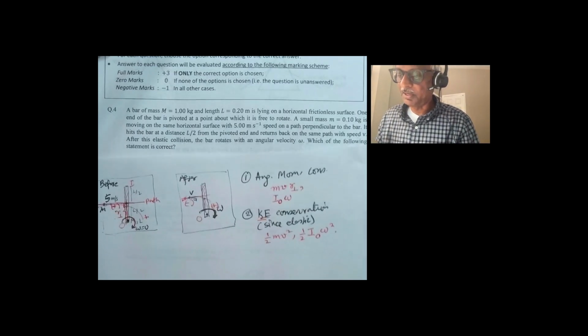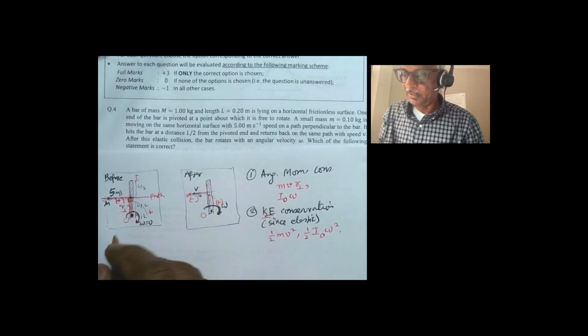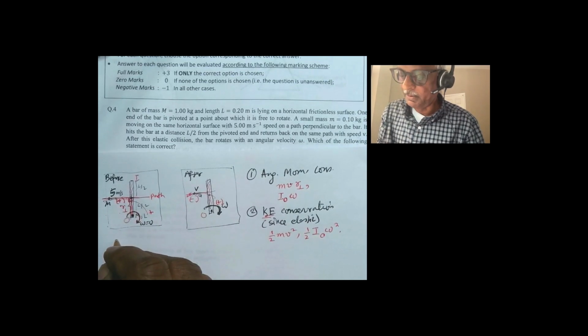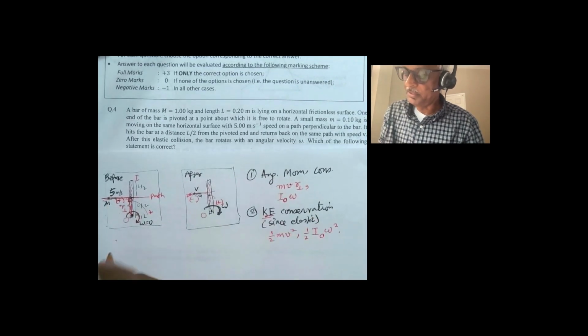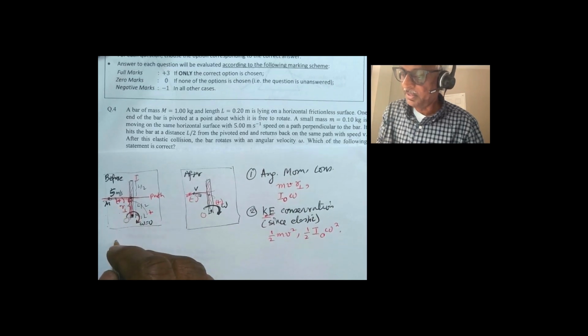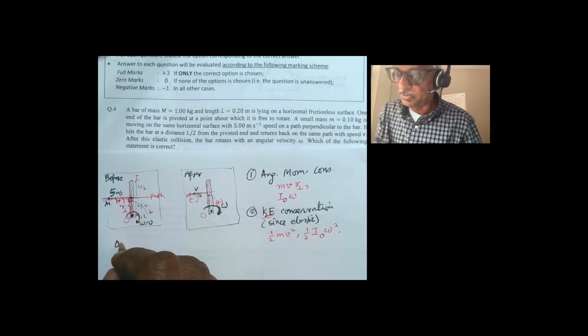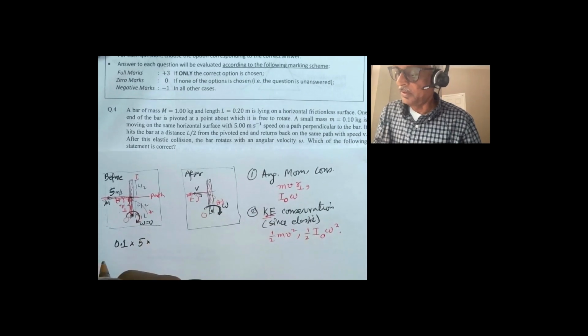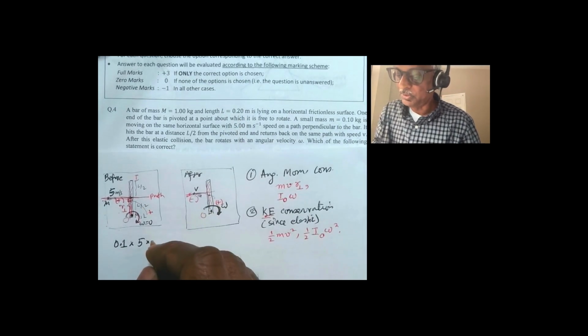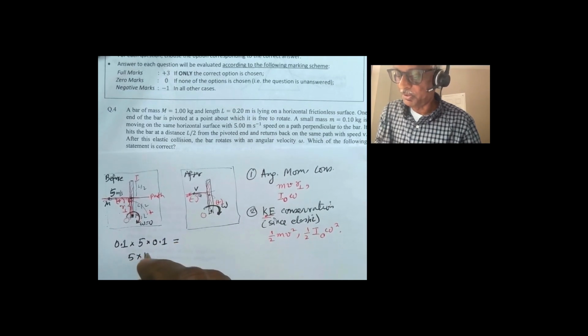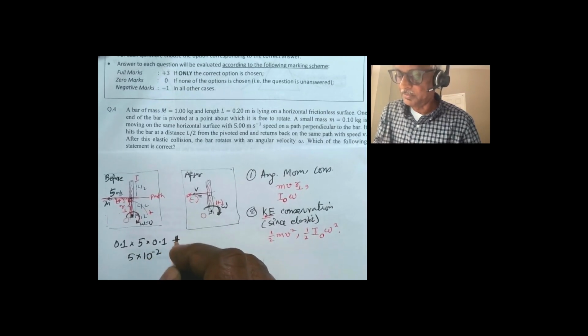So let's do the algebra out. For angular momentum, before the collision you just have m, which is 0.1 kilogram, V is 5, and L was 0.2, so this is 5 times 10 to the power minus 2, plus the angular momentum for the bar, which is 0.